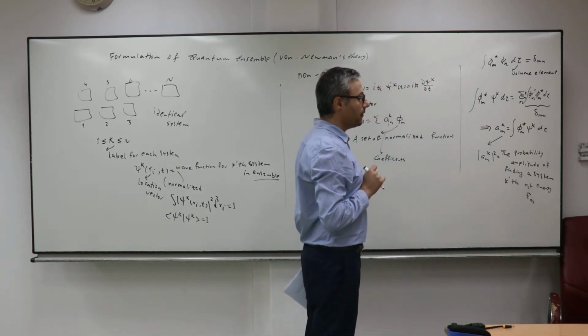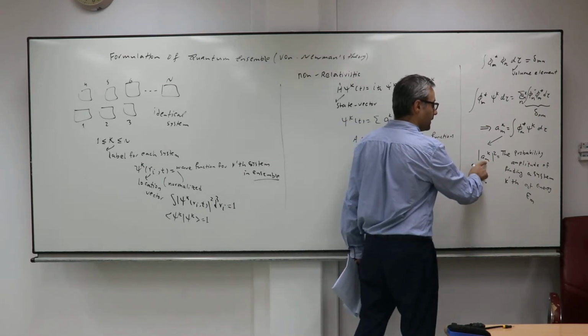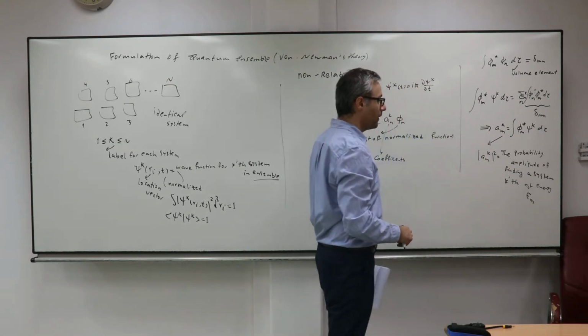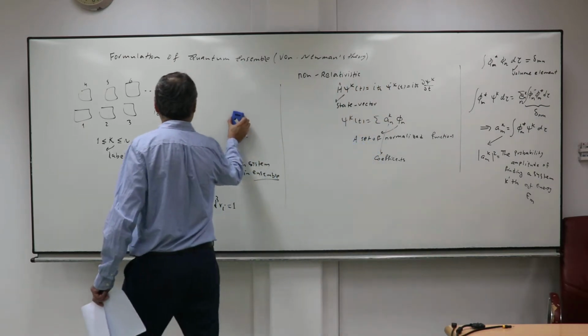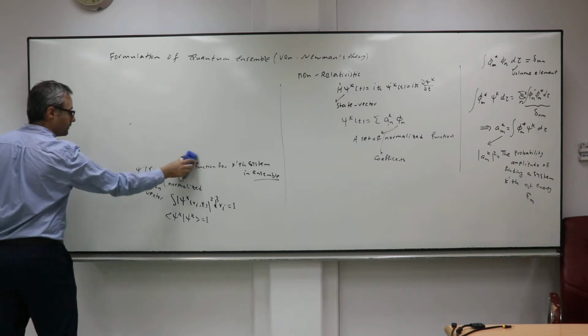Or this is the probability of finding the system k at state or energy n. The coefficient is a complex number, so if you take the square, you will find the probability.